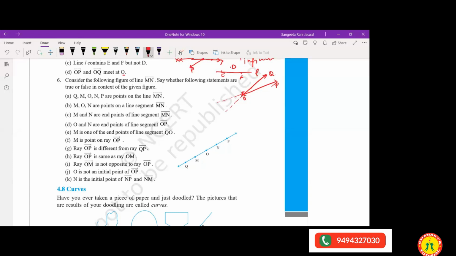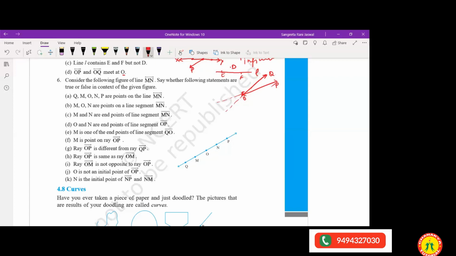So what is it, true or false? Q, M, O, N, P. These are points on the line MN. Ma'am, it's false. What? False. Ma'am, it's true. It is on the line MN.